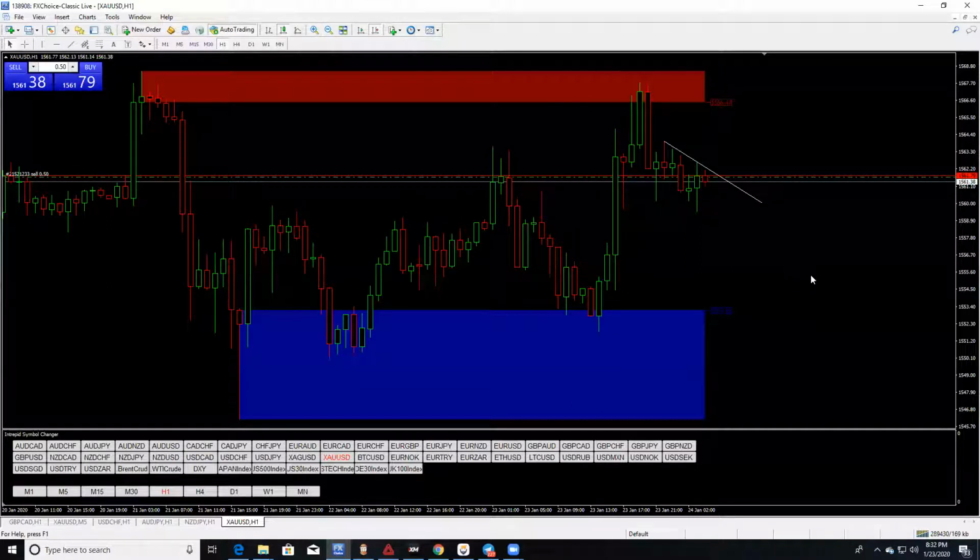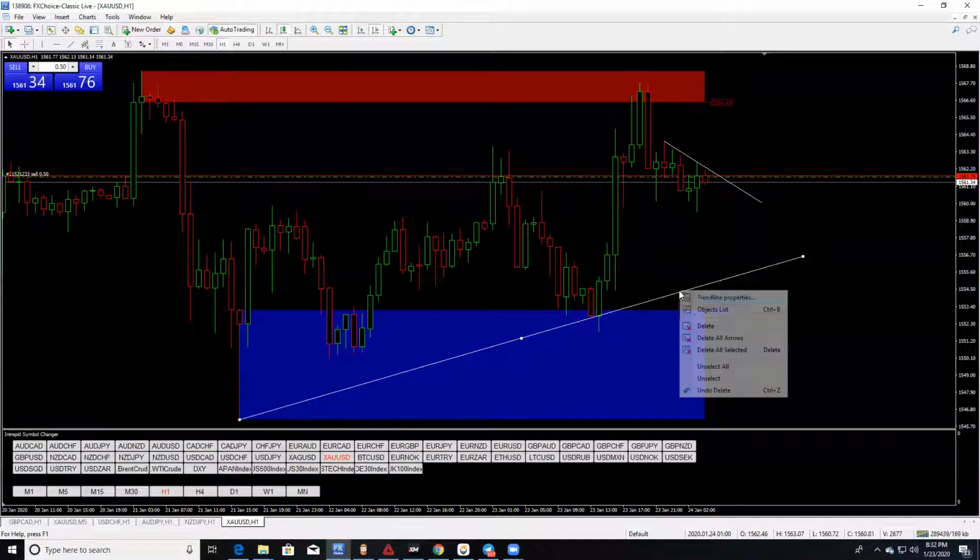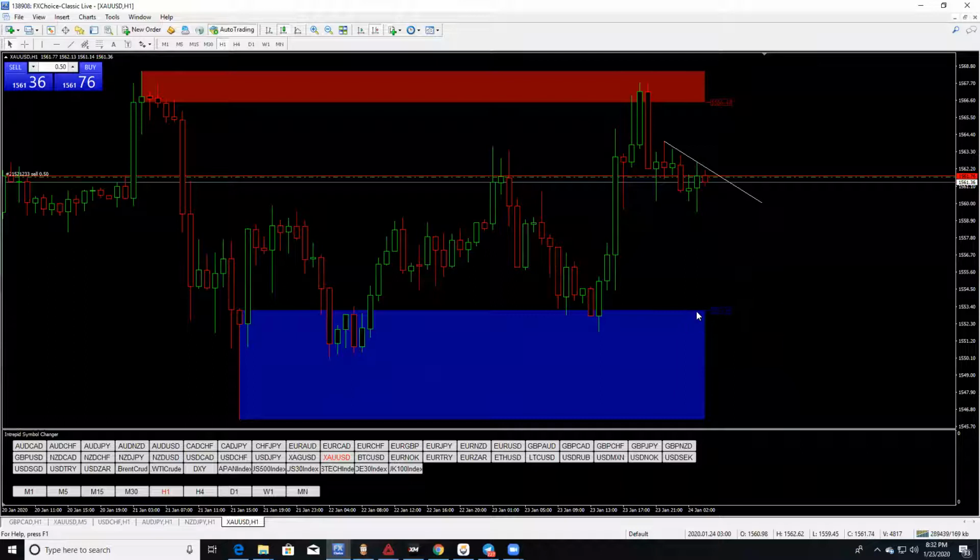Isn't that beautiful? And you'll see a trend line like this. Right? That's beautiful. Now you do not have to do it, because I gave you that for free right in the free signals chat. Isn't that something? I gave this away for free.